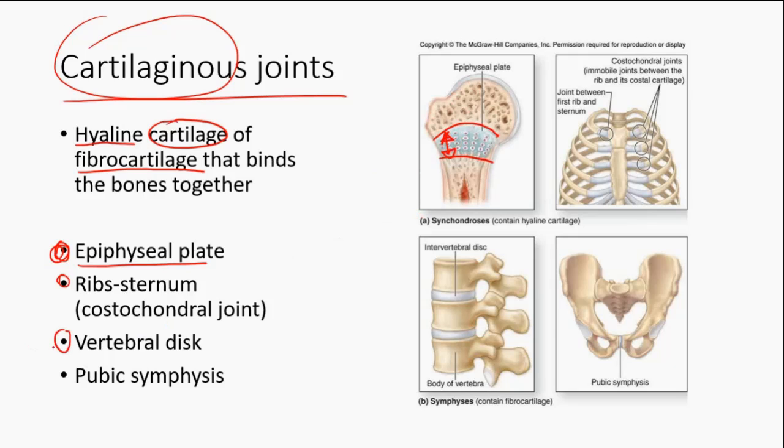You also have cartilaginous joints between the ribs and your sternum, as you can see here. And remember that the reason why you have cartilaginous joints there is because you want your ribs to be somewhat flexible and movable, because if it was just a cage, then it could be easily breakable.